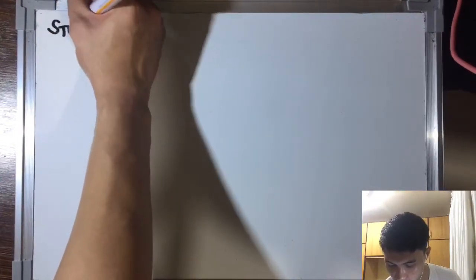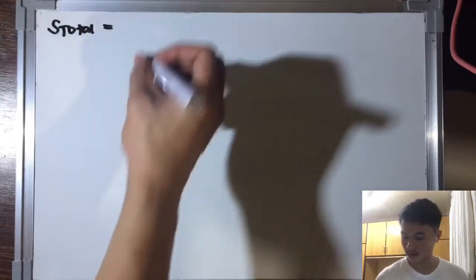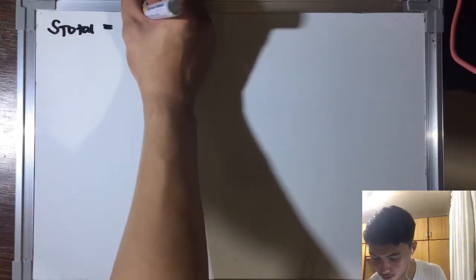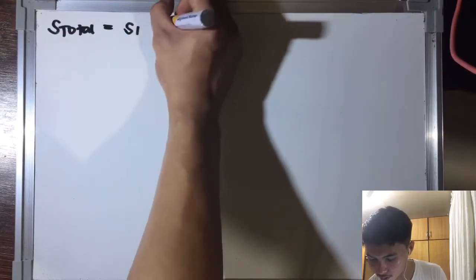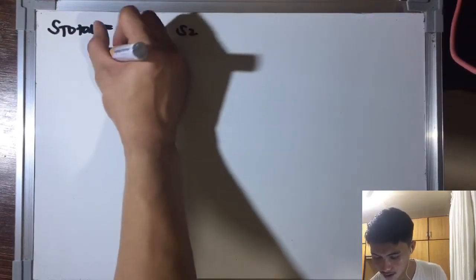Now that we are done calculating the values of our positions, which are S2 and S1, the next thing that we are going to do is calculate the total distance. So S total. In order for us to get the total distance, we are just going to sum up the value of our S1 and S2.